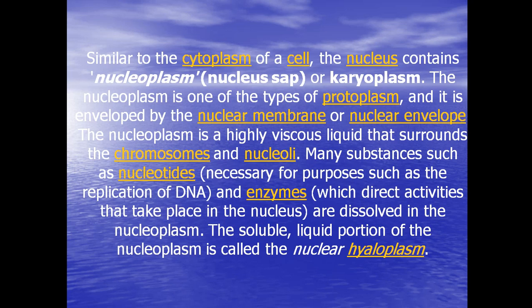In the nucleoplasm you can see many substances like nucleotides and enzymes dissolved. Suppose you filter this nucleoplasm and remove all the suspended material; the soluble liquid portion that remains is called nuclear hyaloplasm.